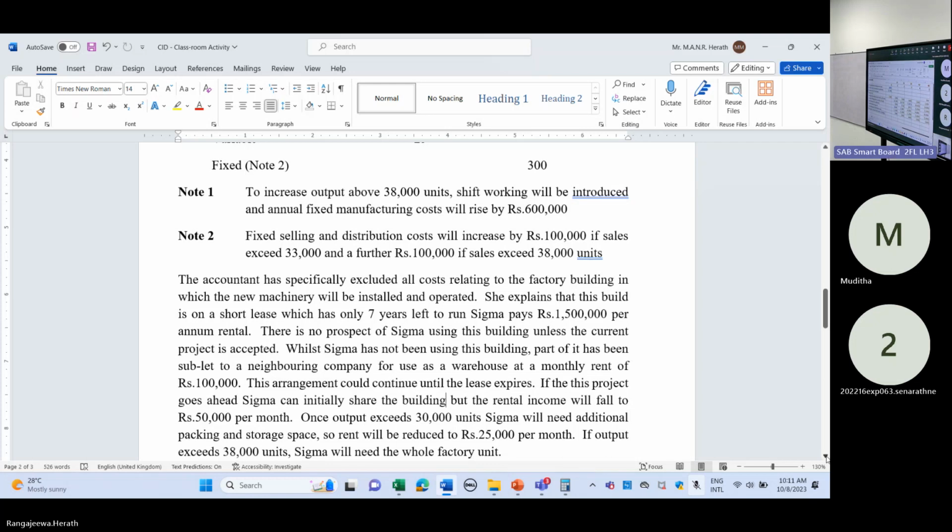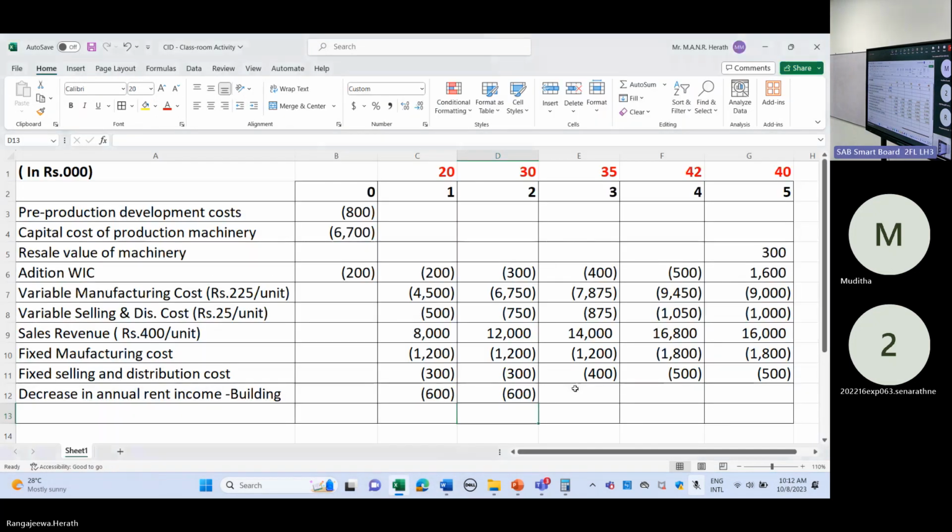If output exceeds 38, Sigma will need the whole factory. Until 38 it is 900, so at 35 the opportunity cost is 900.